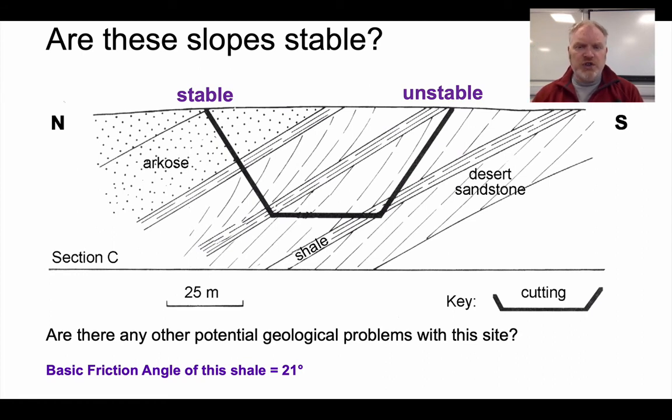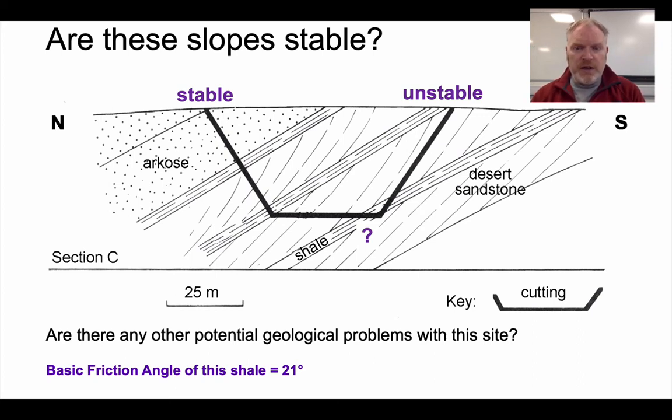There's another potential issue here with this site as well, because of this porous and permeable sandstone and the shale being impermeable. What's going on with the water underneath this cutting? We could have a confined aquifer here, with water in the desert sandstone underneath the cutting being under pressure.